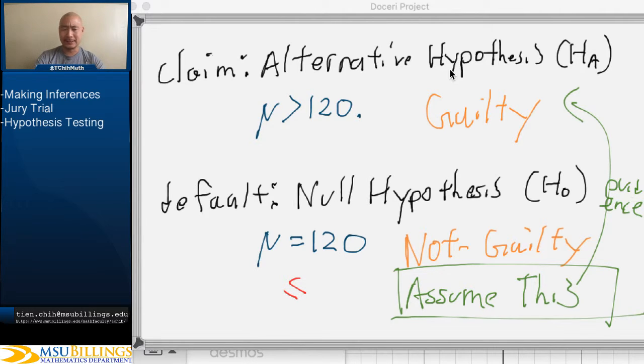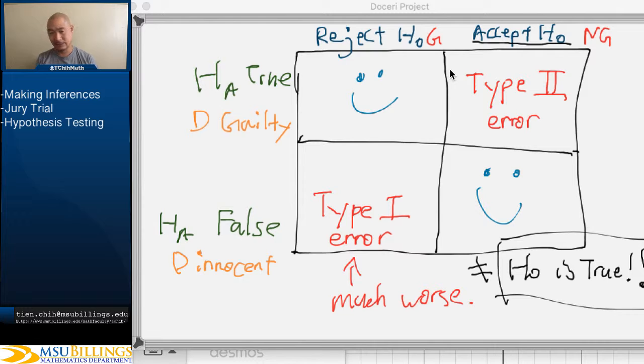It doesn't necessarily mean that the alternative hypothesis is wrong if you assume H naught. It just means that your evidence is not strong enough to make that change.